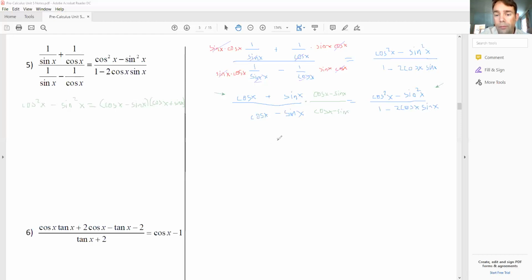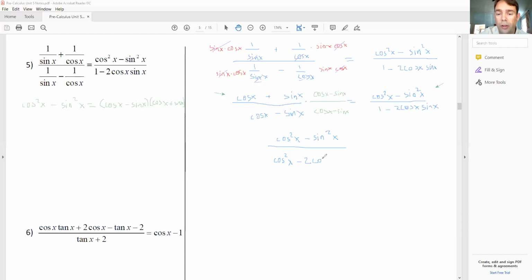So cosine squared x minus sine squared x. And then down at the bottom, I have cosine squared x minus 2 sine x cosine x.